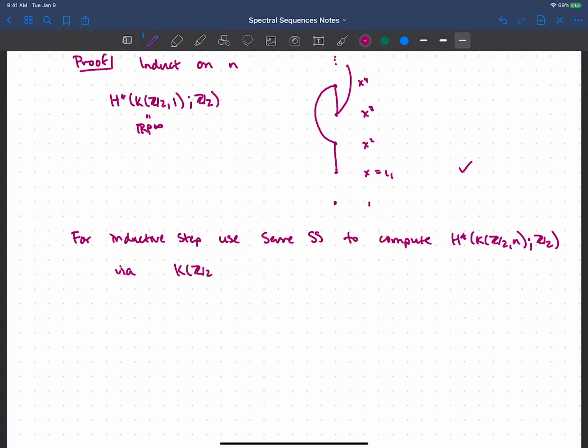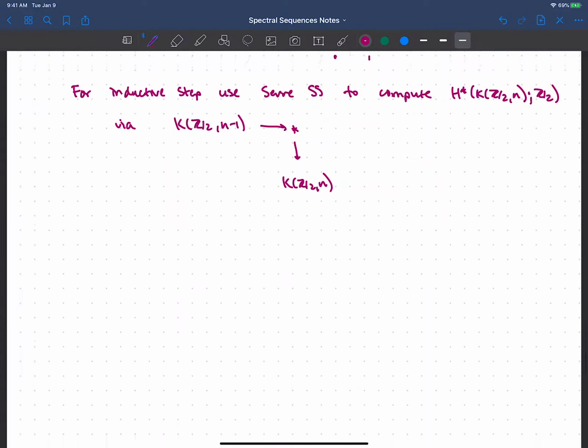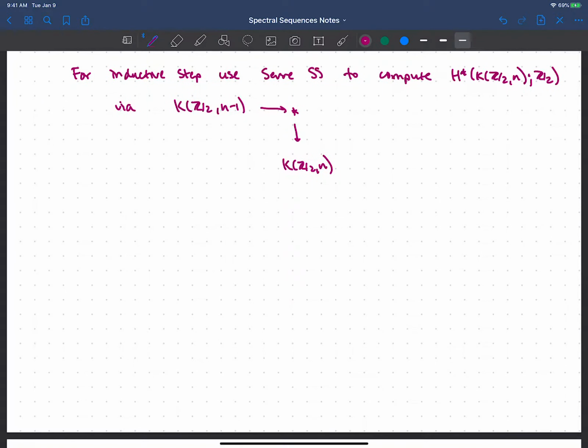So we'll say inductively, we know this for K(Z mod 2, n minus 1), and then there's paths on K(Z mod 2, n), and really that K(Z mod 2, n minus 1) was just loops on that. Okay, so what does that look like?